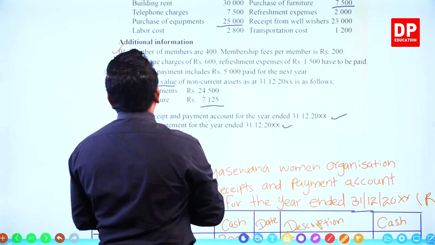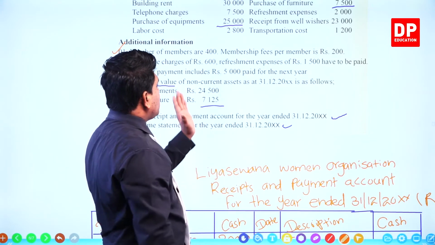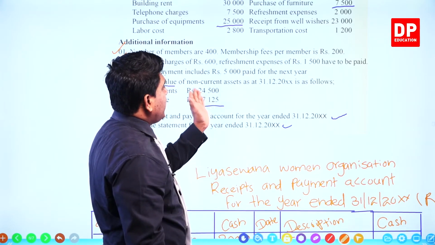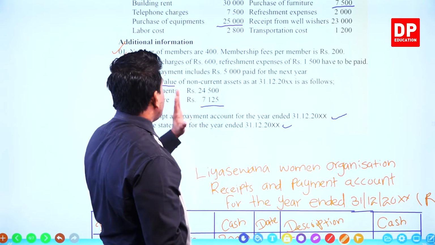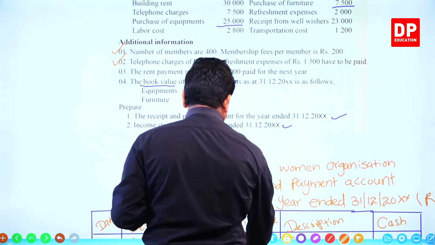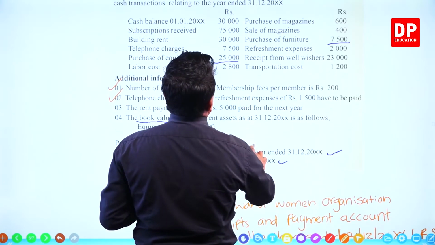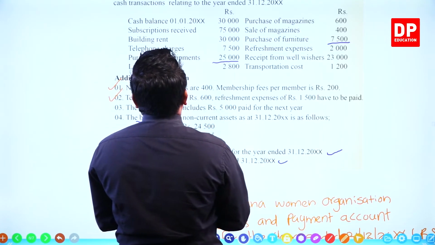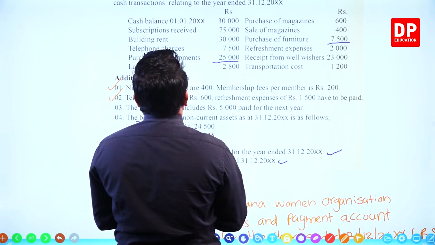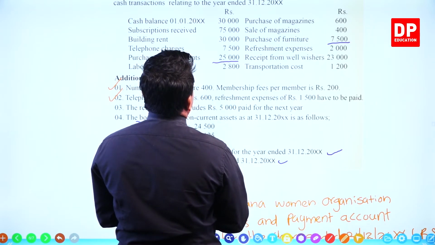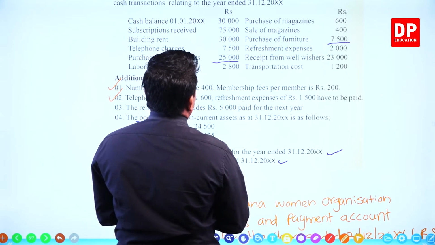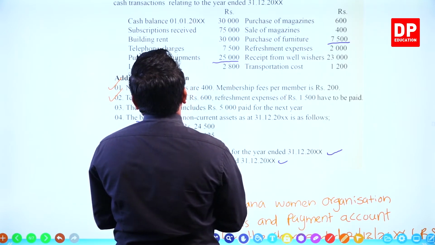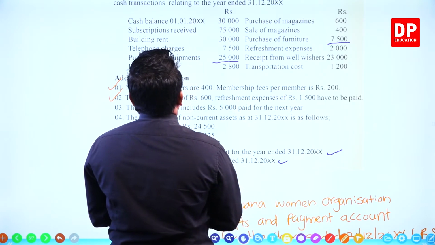Now the third one. The rent payment includes 5,000 rupees paid for the next year. See the rent payment, how much? Building rent 30,000.